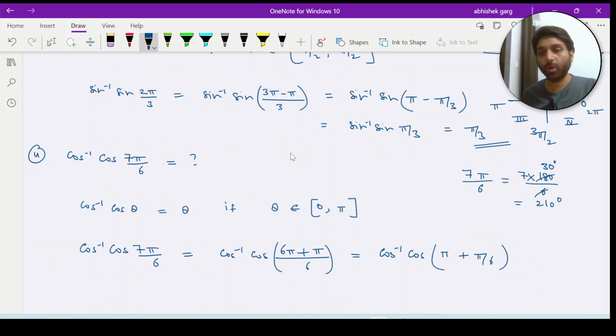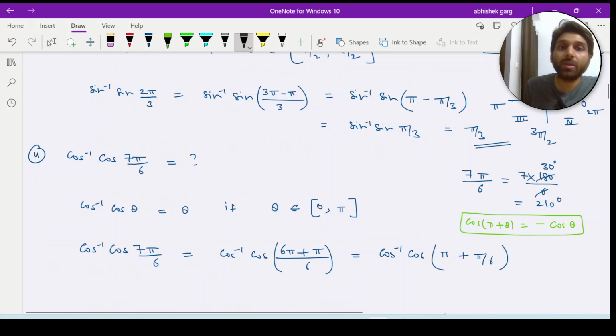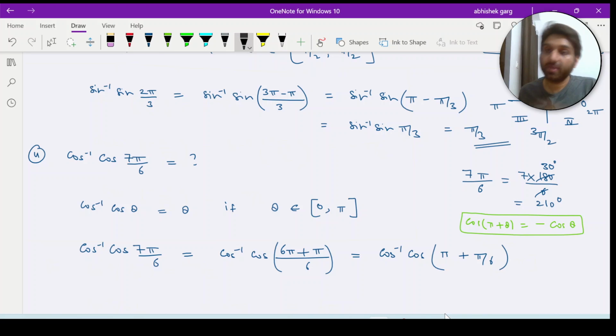Now this is the third quadrant. In the third quadrant, we must know that cos pi plus theta is equal to minus cos theta. And why is it negative? Because in the third quadrant only tan theta and its reciprocal cot theta are positive. All other trigonometric ratios are negative in the third quadrant.